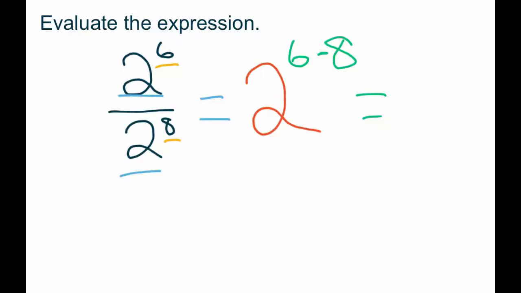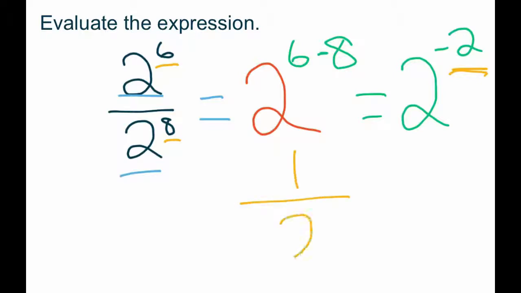Now, 6 minus 8 is negative 2. So our answer is now 2 to the negative 2 power. Because our exponent is negative, this is the same as 1 over 2 squared.